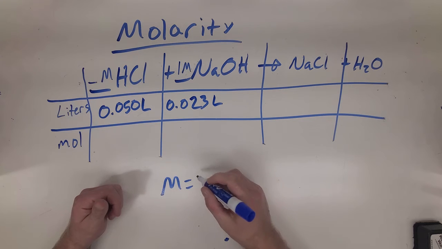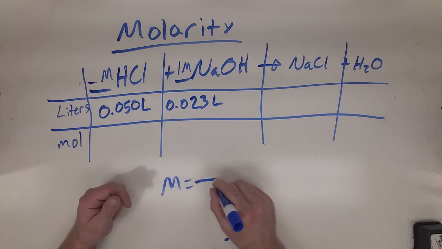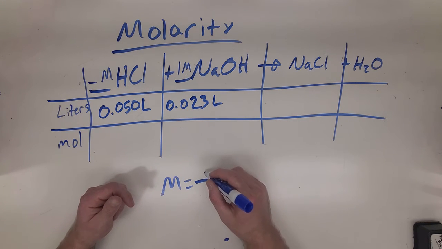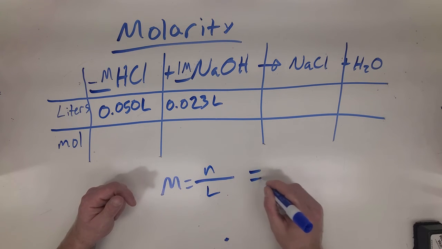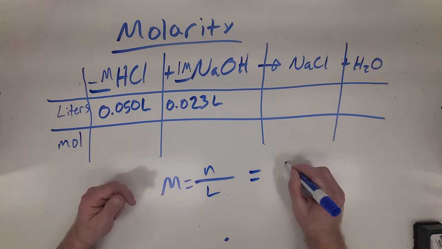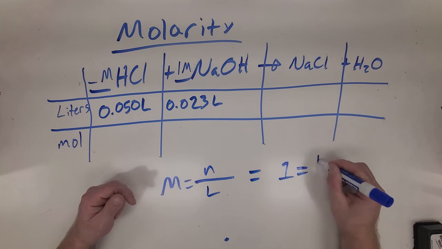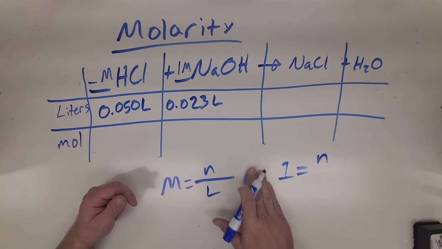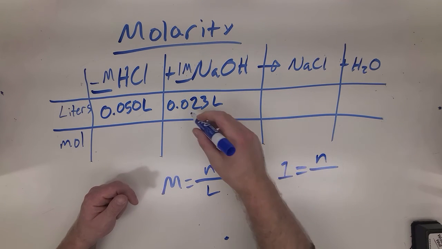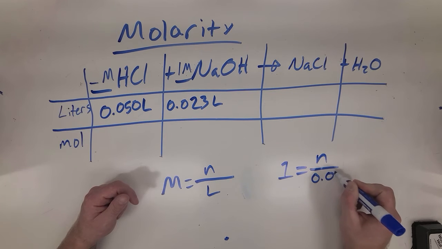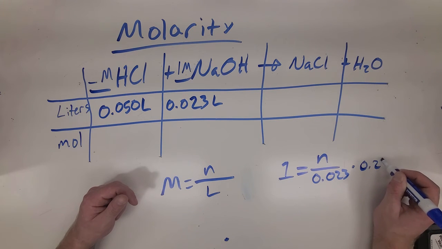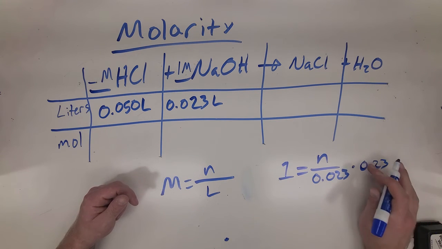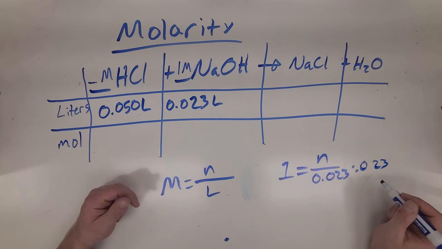M equals, this is our volume here, our liters, so it goes n over L. So we don't know the n. Here's the L. That is the same as 1 equals n over 0.023. Multiply both sides by 0.023.